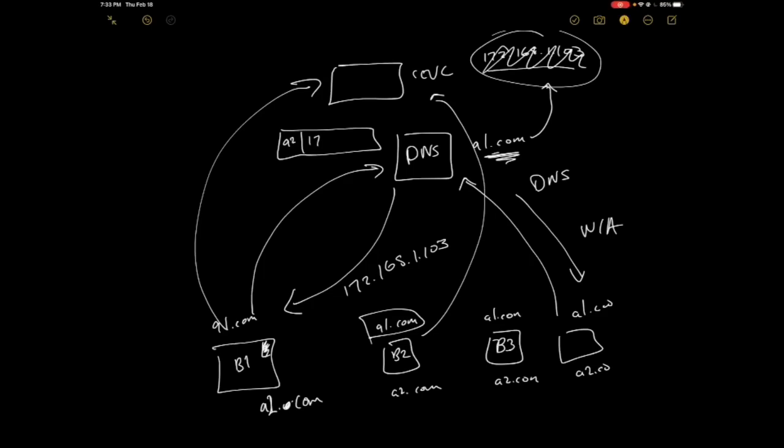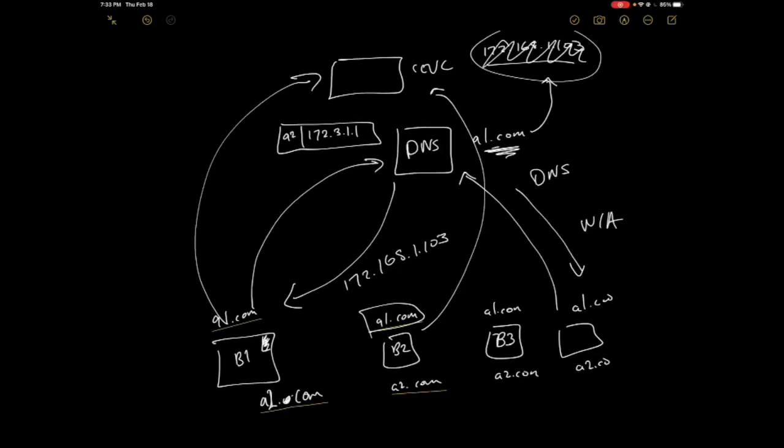So maybe 172.3.1.1. And so now all the machines reach out to the DNS server, says, oh yeah, I know what A2.com is. Here is your address. And then they go ahead and connect to the new CNC server at this new IP address. And voila, you have control of the bots again.